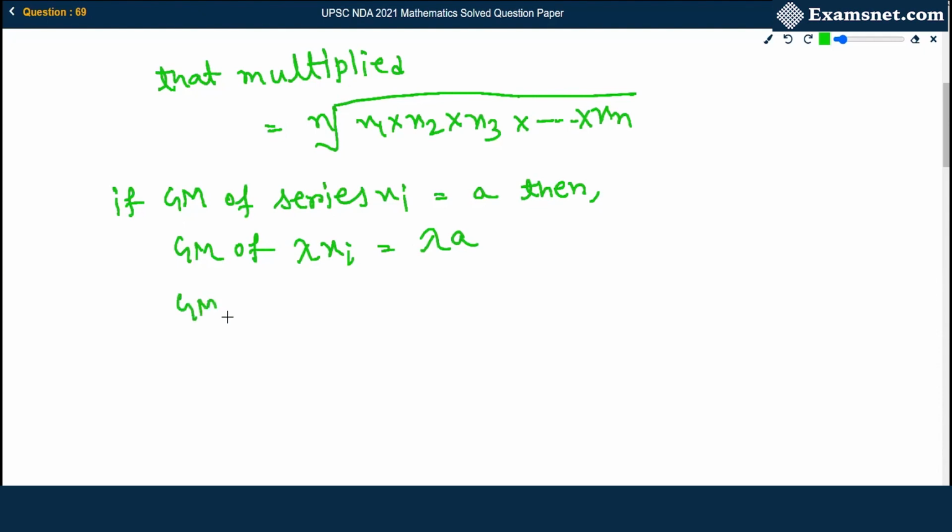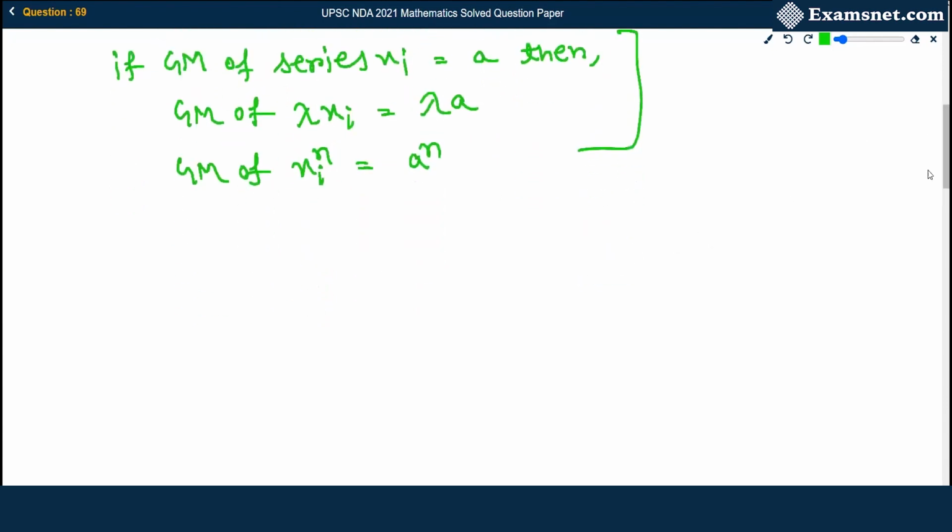Also the GM of the series xi to the power n will become a to the power n. We are going to use these in our solution.